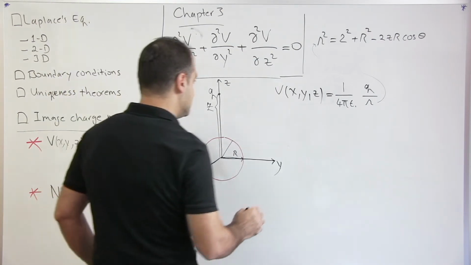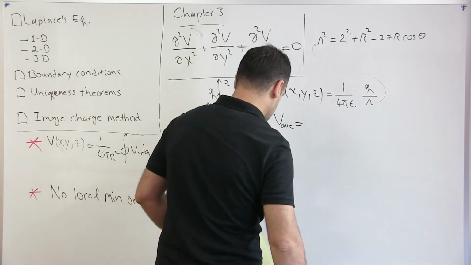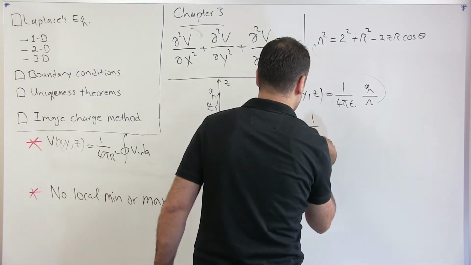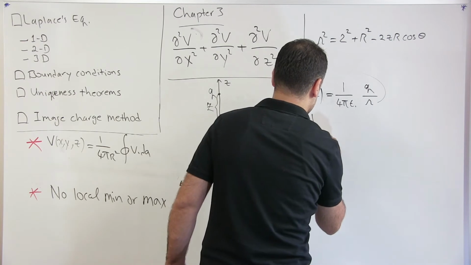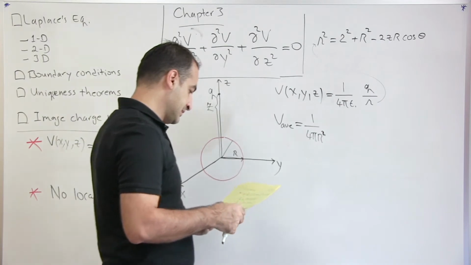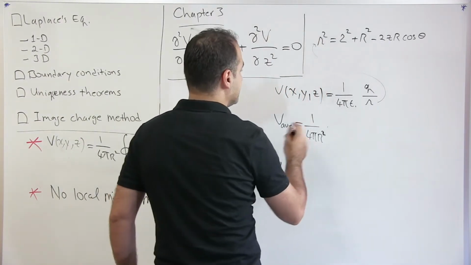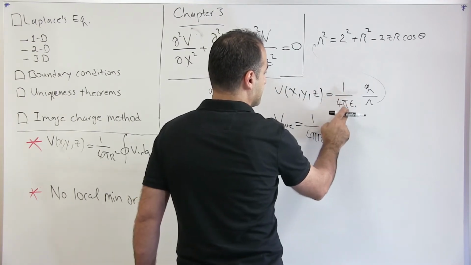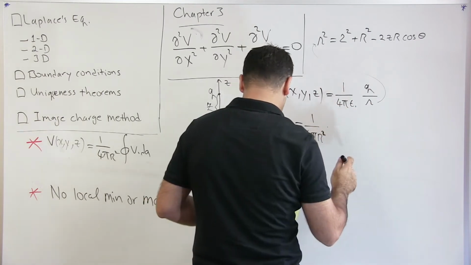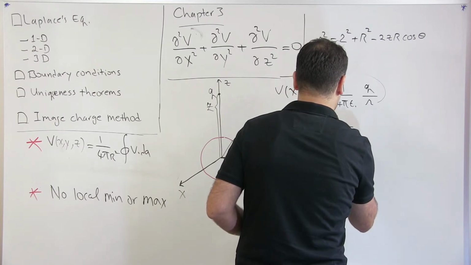The average value of V is 1 over 4 pi R squared. This is 1 over the total area of the sphere times the integral of V dA. V is 1 over 4 pi epsilon 0 times q over r. The q and 4 pi epsilon 0 are constants, so I take them out of the integral: q over 4 pi epsilon 0.